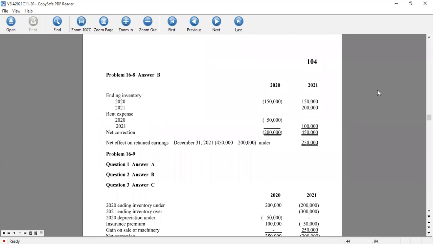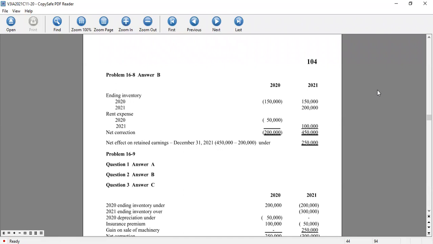Take note that we are asked for the effect of the errors on retained earnings on December 31, 2021. So the ending inventory of 2020 was overstated. If overstated, cost of goods sold was supposed to be understated. In 2020, the ending inventory is overstated, so you are deducting a bigger amount in arriving at cost of goods sold.